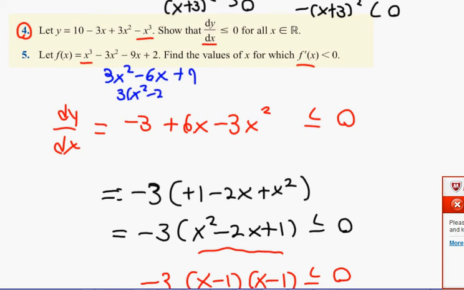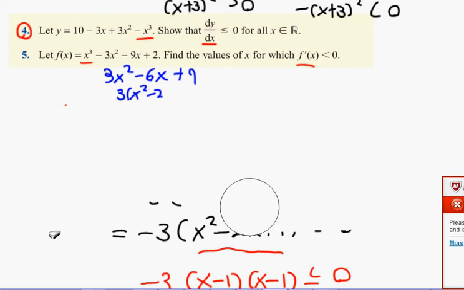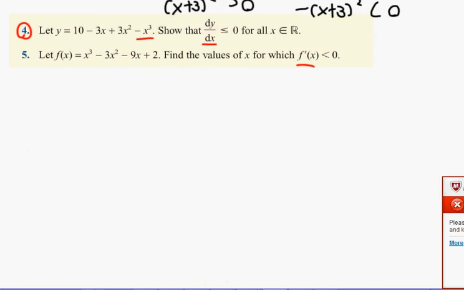So, while I'm here, I might as well have a quick look at question 5, because this stuff's tricky. We're going to get first derivative is 3x squared minus 6x minus 9. Find the values for x. Oh, sorry, it's a different type of question, excuse me. I actually want you to find the values of x for which it's less than 0. So you actually have to solve this.